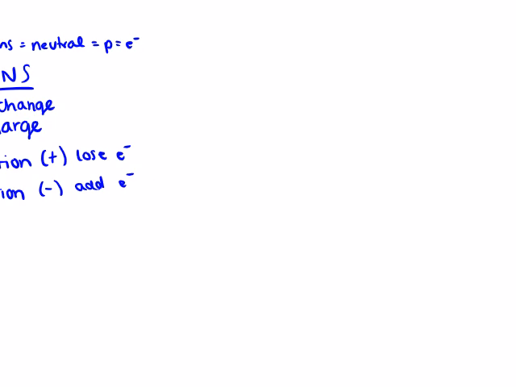You have to think about the fact that electrons are negative. When you lose the negative charges, you will have more positive charges from your protons, so the positive charge wins. Whereas when you add on negative charges and you have more negatives, then your overall substance becomes negative.